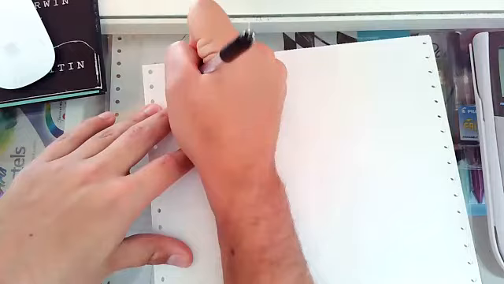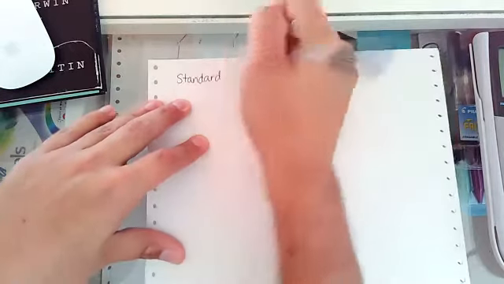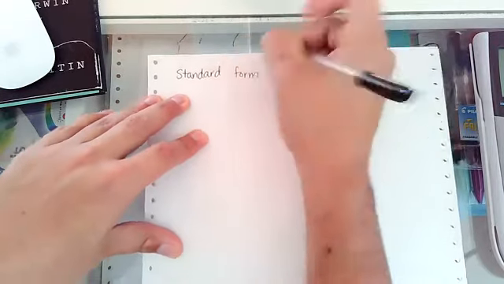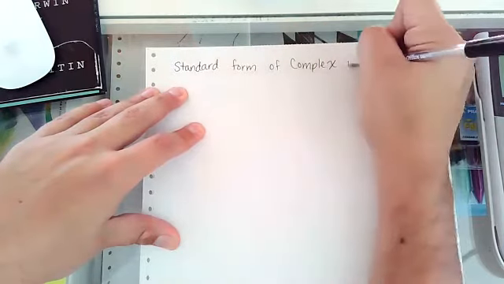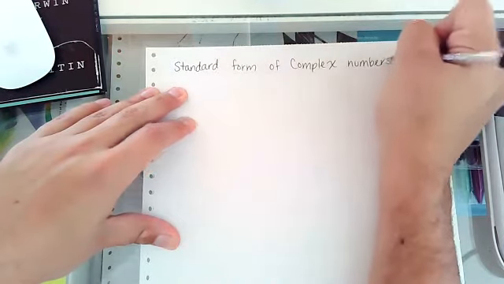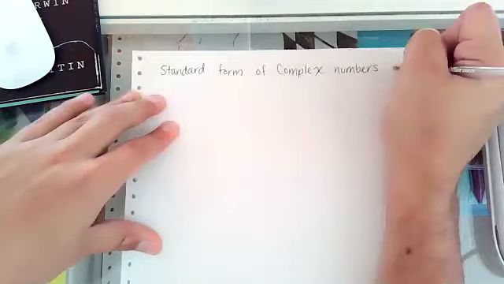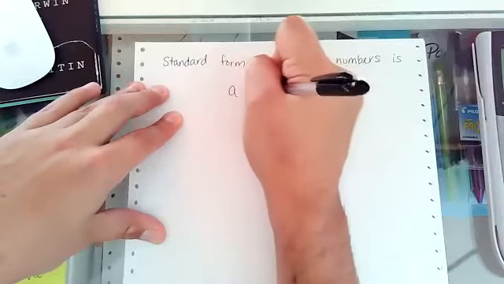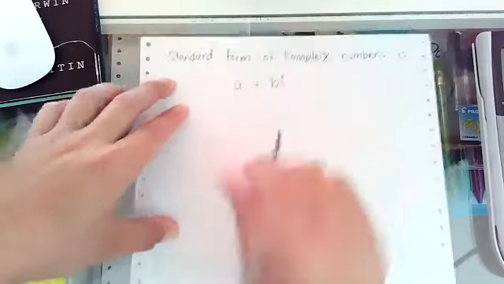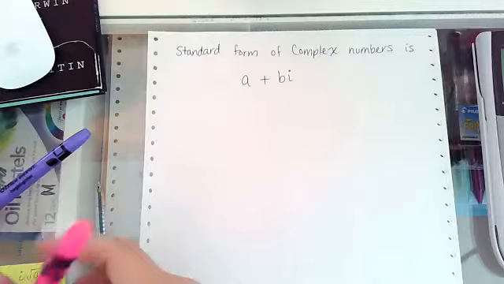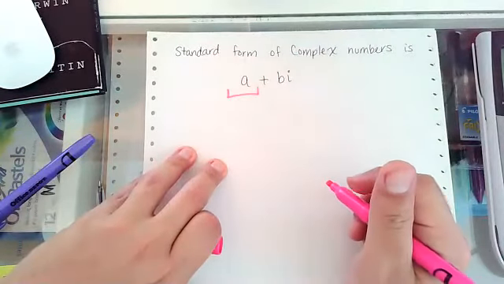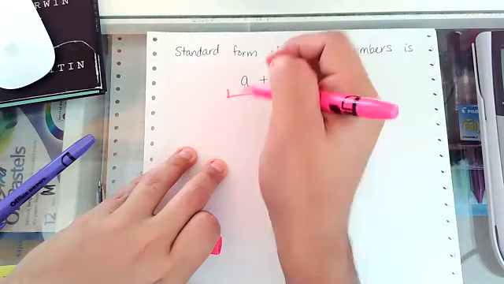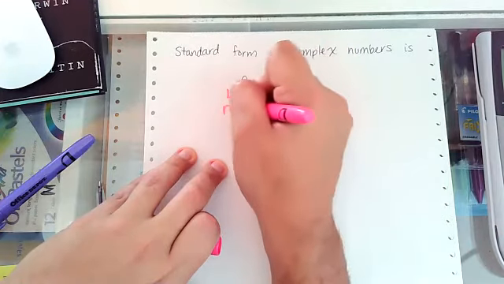So the standard form of complex numbers is a plus bi, where usually you'll have some number here, which will be a real number.